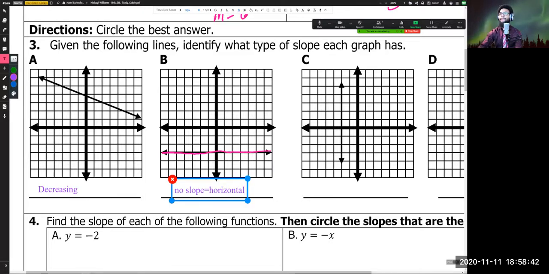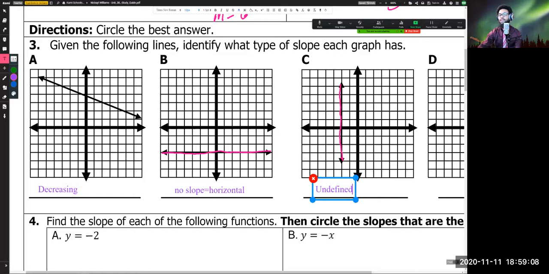When we look at C, we see that this one is going up and down. It's this one right here. The slope of a straight up and down line is undefined. So that's going to be our answer here, undefined.